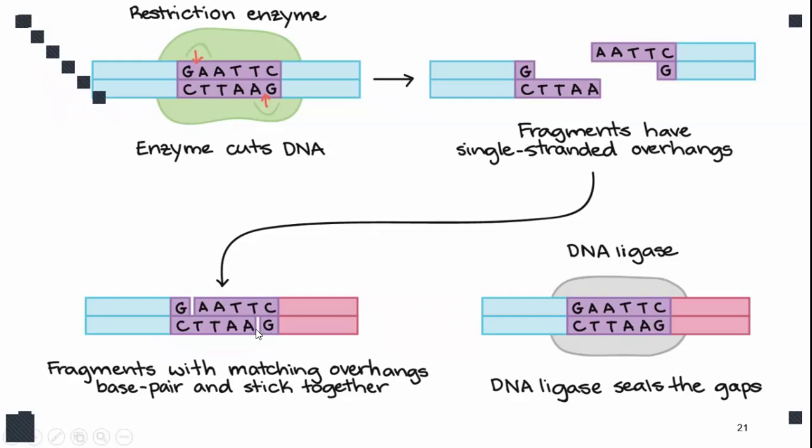But then again, you can see the nick, and the nick simply means the gap. You can easily disassemble this molecule into 4 pieces by just increasing the temperature. Now, in order to put this molecule together firmly, we then apply DNA ligase. The DNA ligase will then seal this nick. And that's why we say DNA ligase seals the gaps.